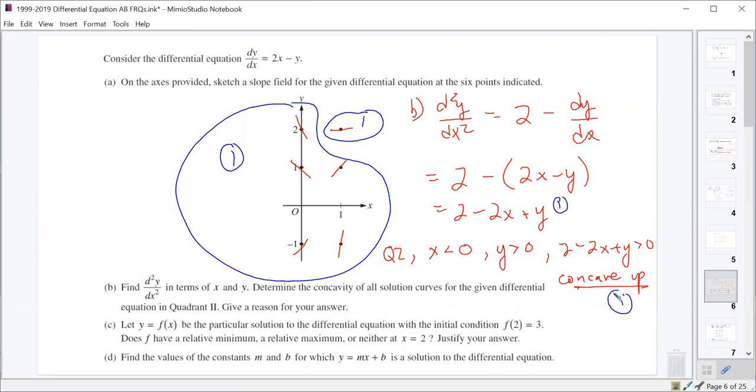One point for actually saying concave up with a reasoning. Is there another way to do that, or is that the only way?